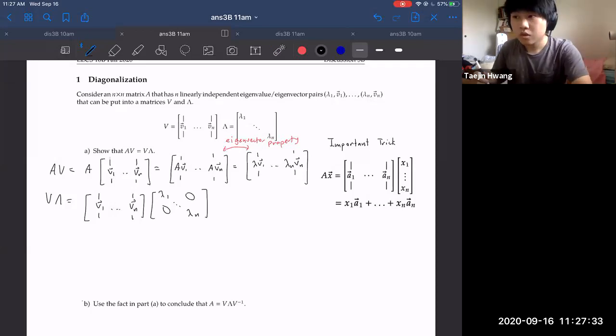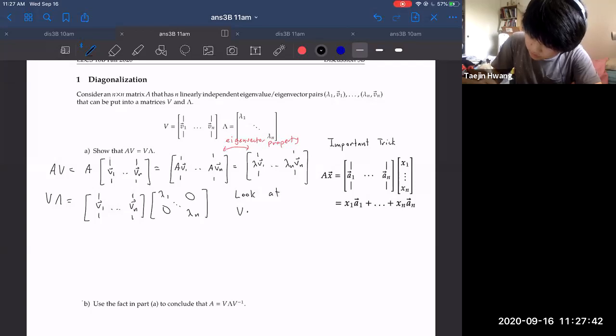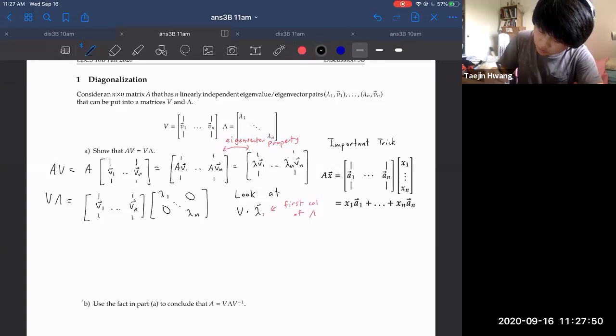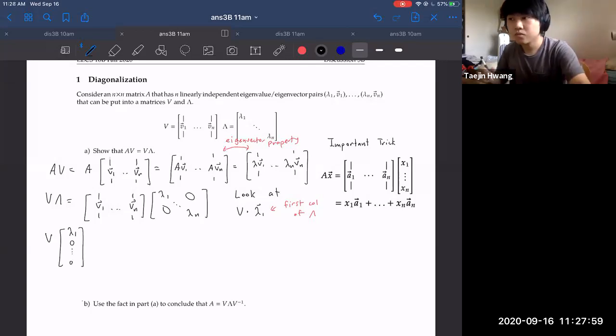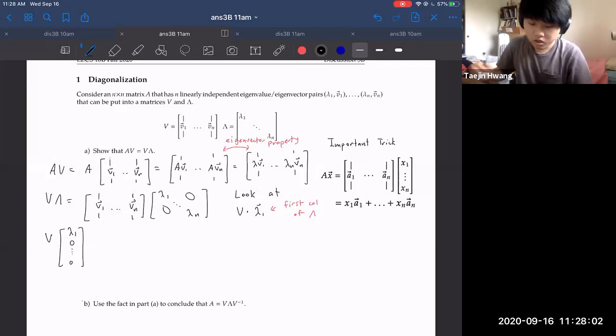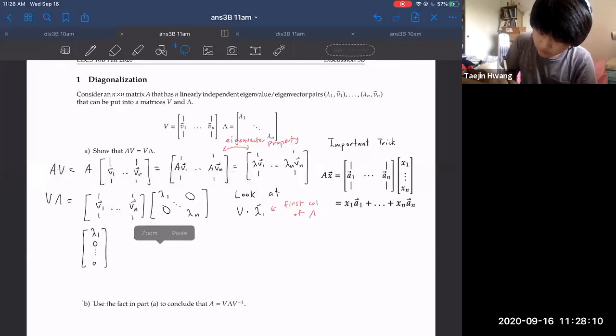So to do this, let's take a look at V times lambda 1, where this is going to be the first column of lambda. In other words, let's take a look at V times lambda 1, 0, all the way down. And this is where our trick comes in.